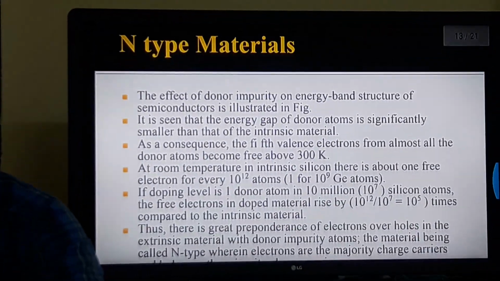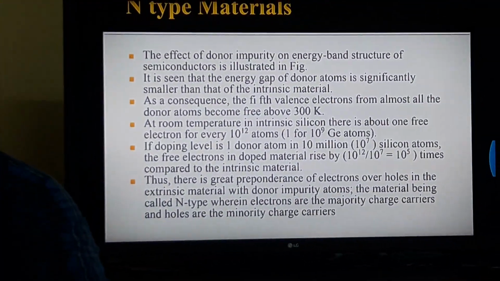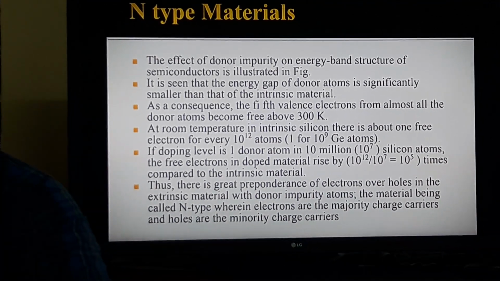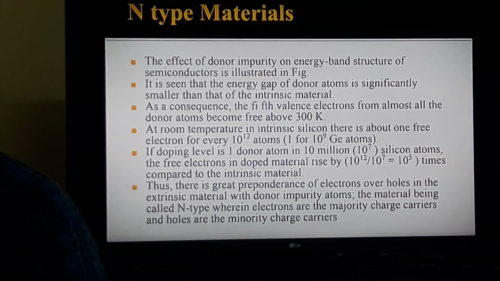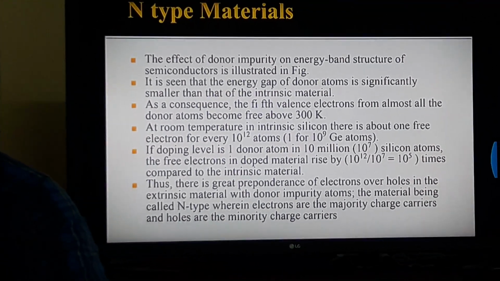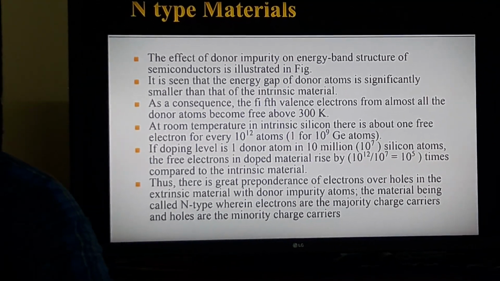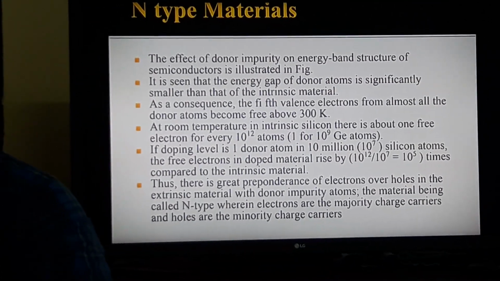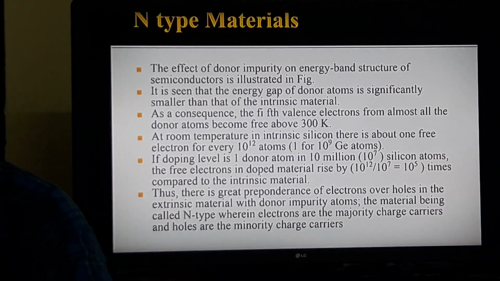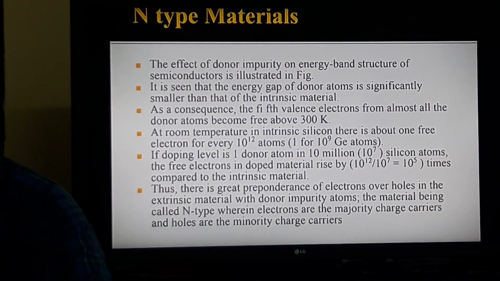The effect of donor impurity on the energy band structure of the semiconductor is illustrated. It is seen that the energy gap of donor atoms is significantly smaller than that of the intrinsic material. As a consequence, the 5th valence electrons from almost all the donor atoms become free above 300 degrees Kelvin.